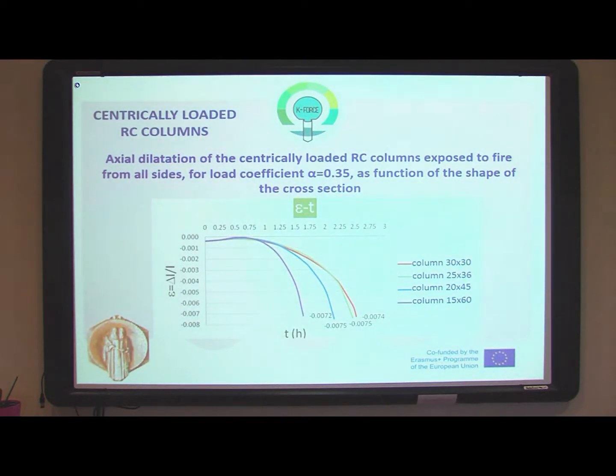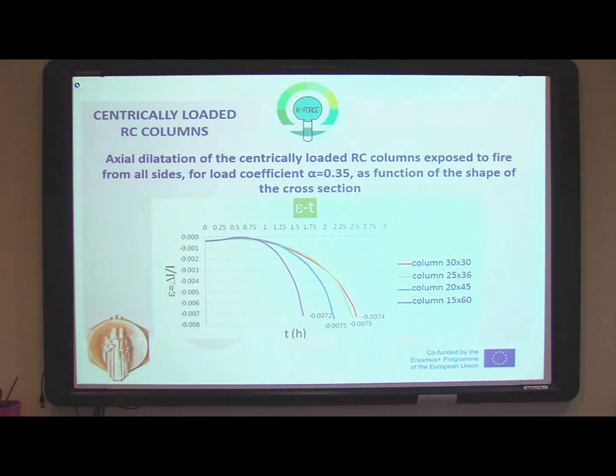If we analyze the total axial dilatation of the columns as function of the intensity of the axial force and the time of fire exposure, it can be noticed that for all four shapes of cross sections, at the beginning of the heating process, the positive dilatation caused by temperature are dominant. Then, the negative dilatations caused by the axial force decrease with tendency to become positive, which is the case for load coefficient less than 0.3.